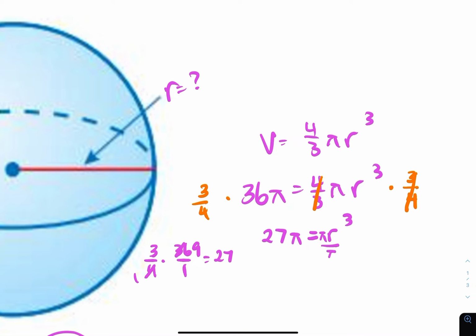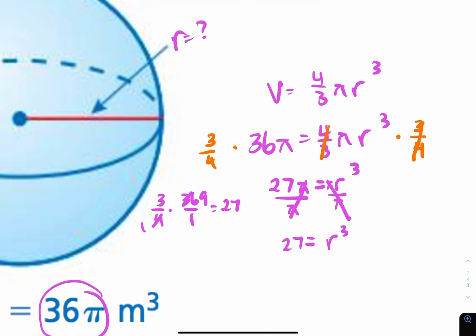And then I divide by pi, divide by pi. These pi's cancel out. You're left with 27 equals r to the power of 3. So if 27 equals r to the power of 3, how do I get rid of that cube? Let's think about that real quick, right?